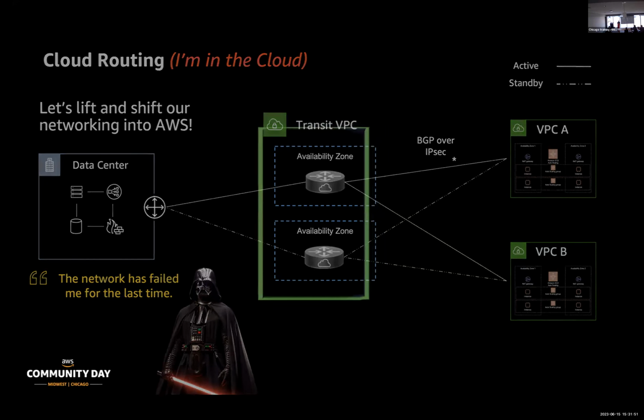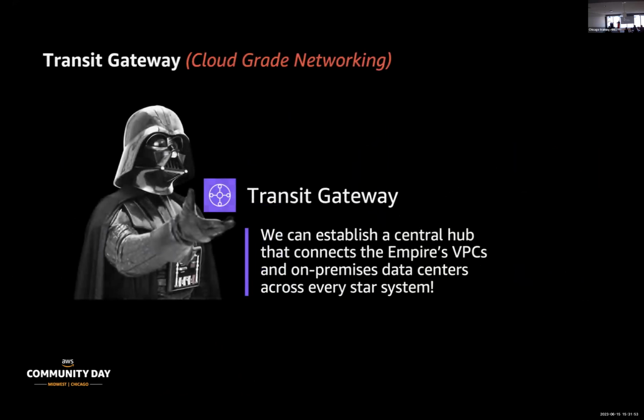So, transit gateway. Once you deploy it in a real environment, it doesn't really act and behave like the traditional hub and spoke networks we're used to from the past.